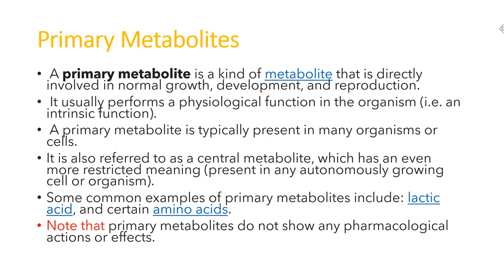So here's the main point. Note that primary metabolites do not show any pharmacological actions or effects. Only primary metabolites affect growth, development, and reproduction, the important aspects of the life of an organism. Secondary metabolites deal with external parts, like production of antibiotics.